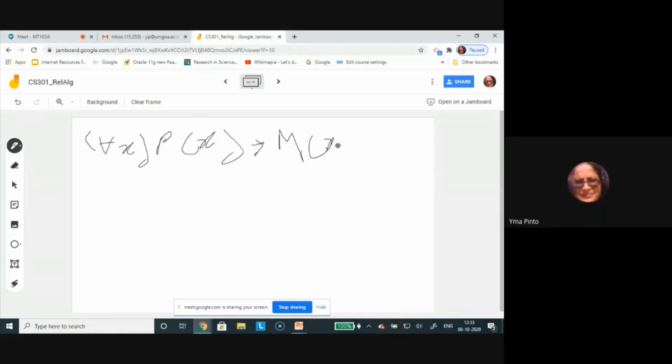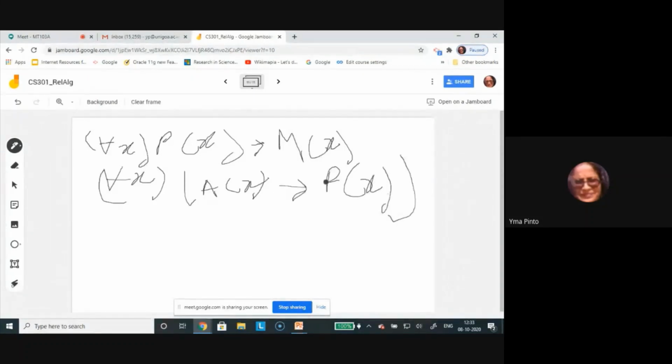So I'm putting it this way. Another expression: every apple is red. Every implies all. So I say for all x, if x is an apple, implies x is red. Okay, that's the next statement.